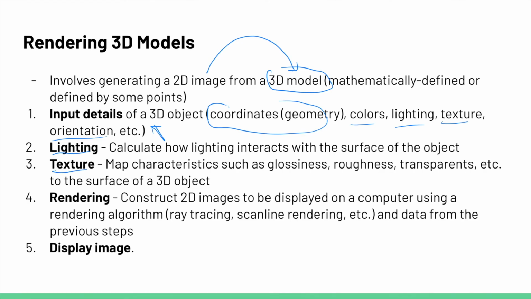Next, we'd have to deal with texture. So we want to map characteristics such as glossiness, roughness, transparency, etc. onto the surface of a 3D object. And finally, we're going to execute the actual computational rendering, which is constructing 2D images to be displayed on a computer using a rendering algorithm, and data from the previous 3 steps up here. Finally, once we've done all of that, we can display our resultant image on our display device.